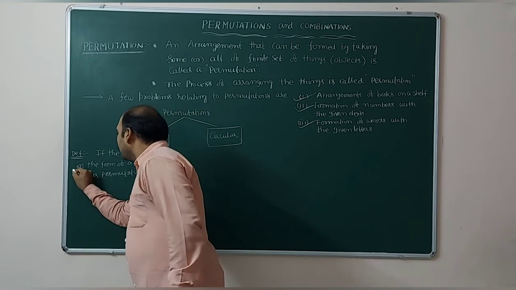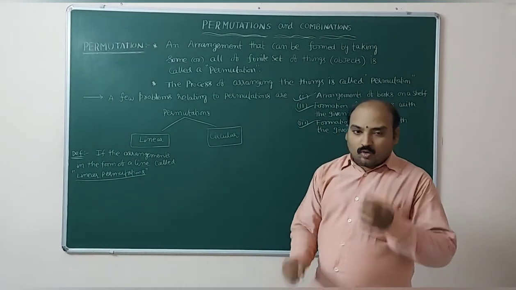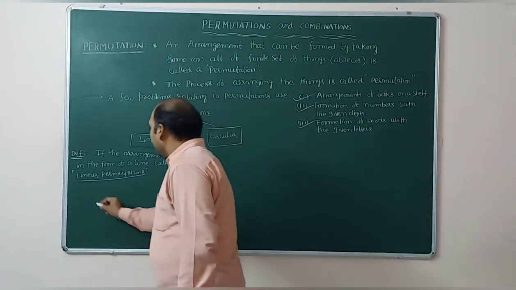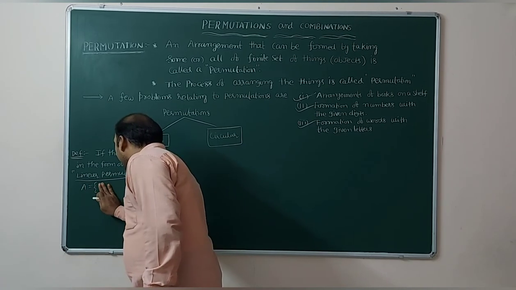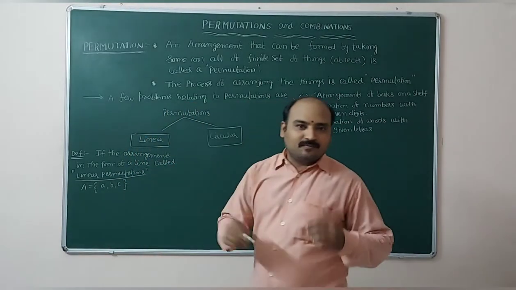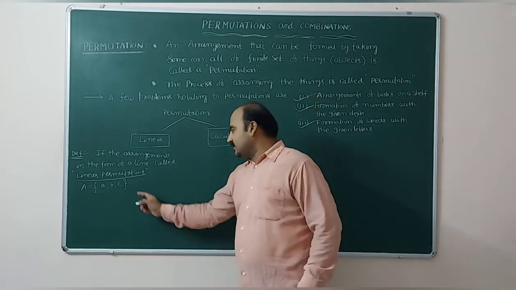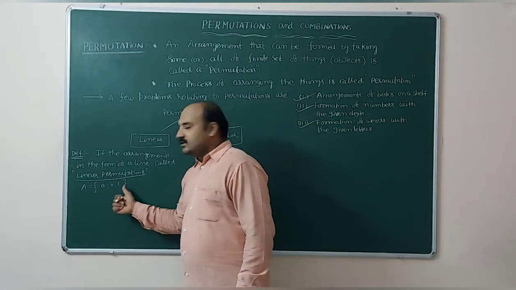So how to find the linear permutations? I will give one example. Here I am considering a set A = {A, B, C}. This is the finite set. It contains 3 elements.